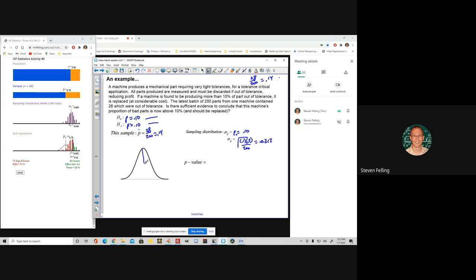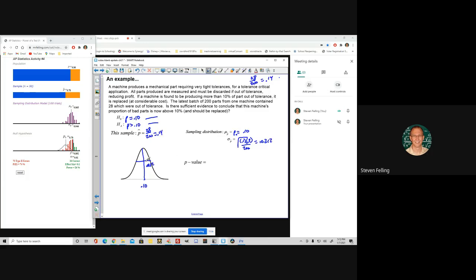And so we could use that to calculate a probability of this happening randomly if the machine is still in tolerance. So if the machine is still actually producing on average 10% bad parts, then the standard deviation from sample to sample of samples of 200 would be 0.0212.